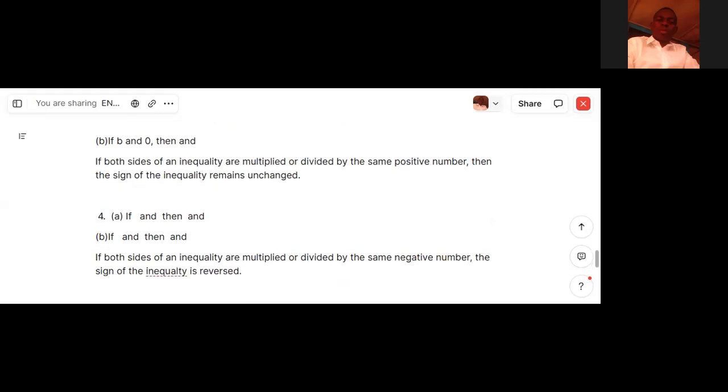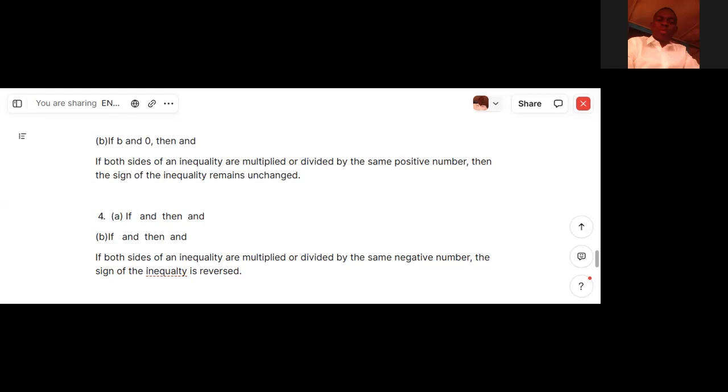Now, when you have A greater than B, and you have a C that is less than 0, meaning that C is a negative integer, multiplying A and C, and B and C will change the sense of the inequality. The sign of inequality will be reversed because you are using a negative integer to multiply on both sides of the inequality.